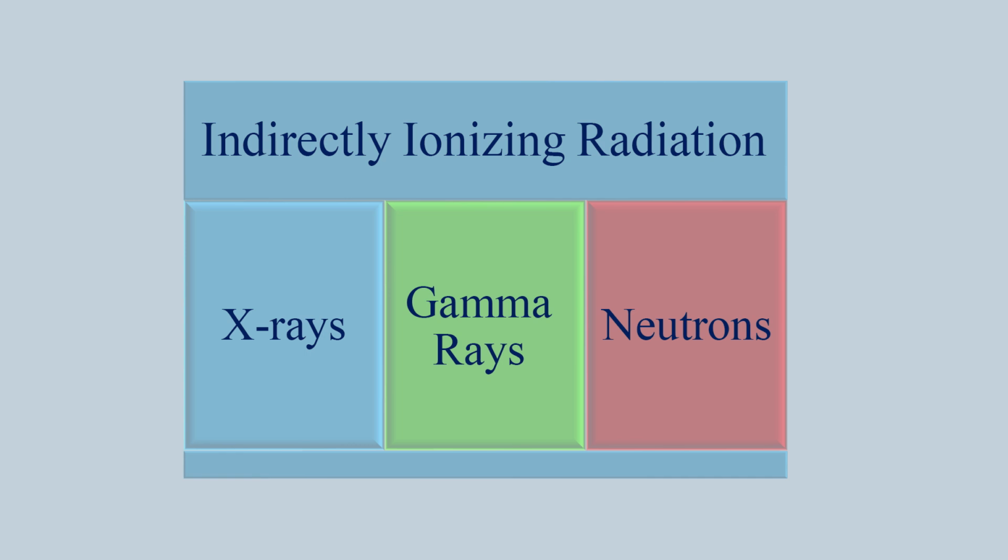Indirectly ionizing radiation consists of uncharged particles or electromagnetic radiation. These do not ionize atoms or molecules directly but can produce charged particles when interacting with matter, which then go on to cause ionization. Types of indirectly ionizing radiation. Gamma rays, high energy electromagnetic radiation that can penetrate deeply into material.